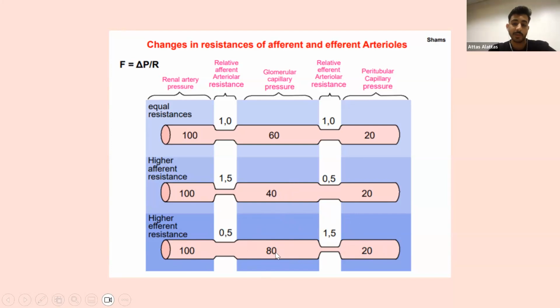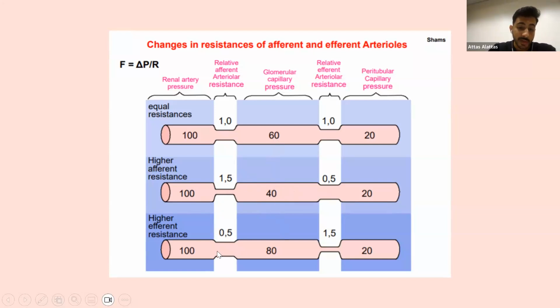And how would that be? Let's think about it without looking at the numbers. If you're causing more constriction here, less of the blood or fluid will go into the glomerular capillary. So this is the reason why the pressure will decrease, because the fluid is what causes the pressure.